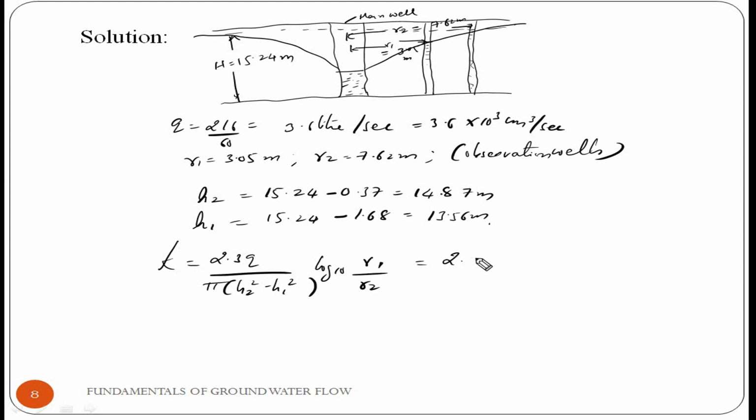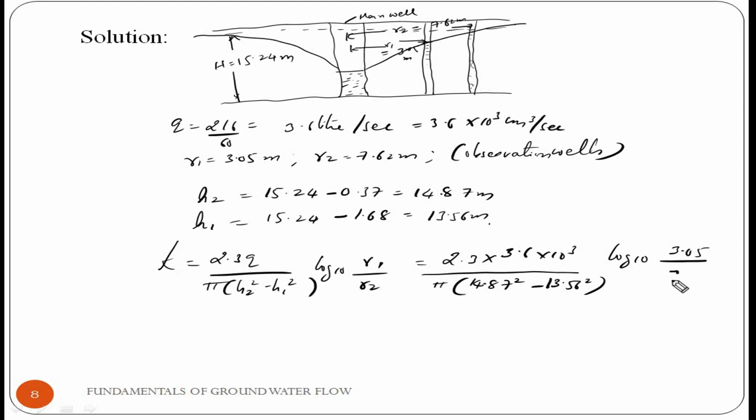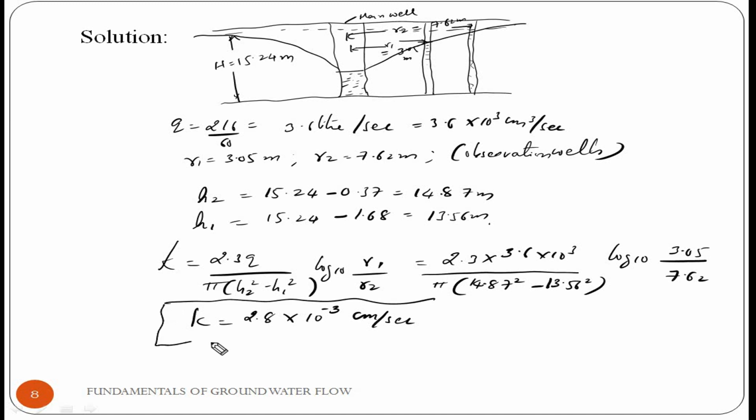So as per the equation, if we substitute Q value here 3.6 into 10 to the power of 3 divided by pi into H2, just now we have calculated 14.87 square minus H1 is 13.56 square. Log to the base 10, R1 is 3.05 divided by 7.62. If you calculate the value for K, we are getting as 2.8 into 10 to the power of minus 3 centimeter per second. So this is the K value.